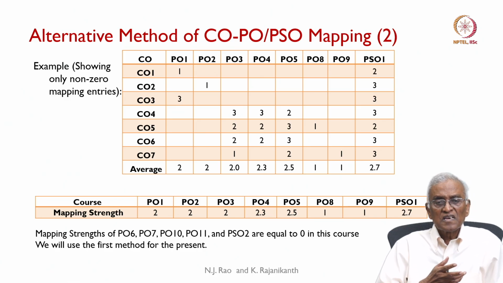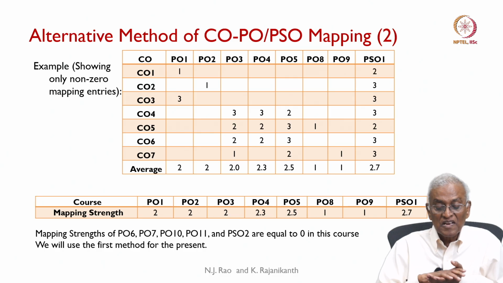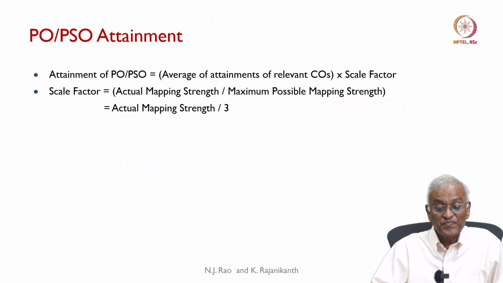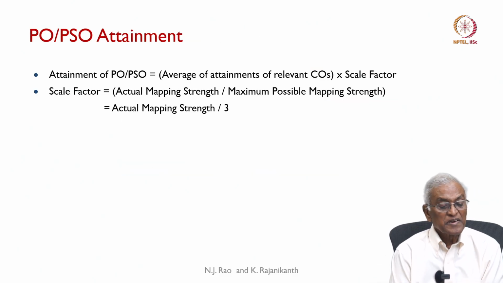The teacher says, yes, I feel that it is so. That's it. You cannot even discuss with somebody. Though personally we would prefer the method that we have presented, officially this method is acceptable by the NBA. Okay. Now we look at PO-PSO attainment.